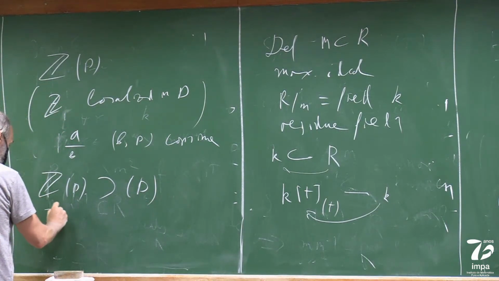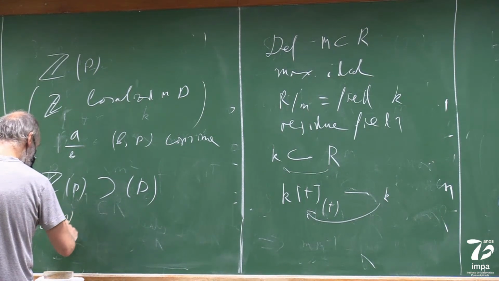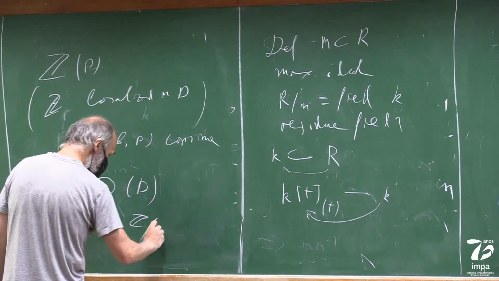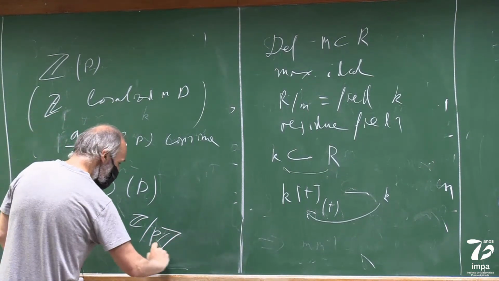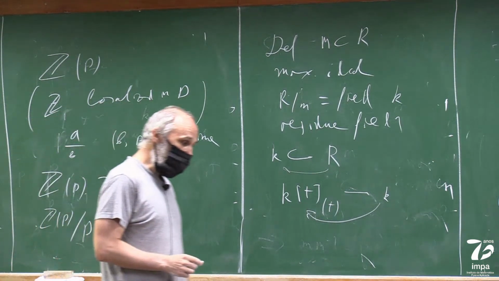So the quotient Z localized by P is obviously Z by P. It's a finite field. You can't embed a finite field in characteristic 0. So this projection is definitely different.